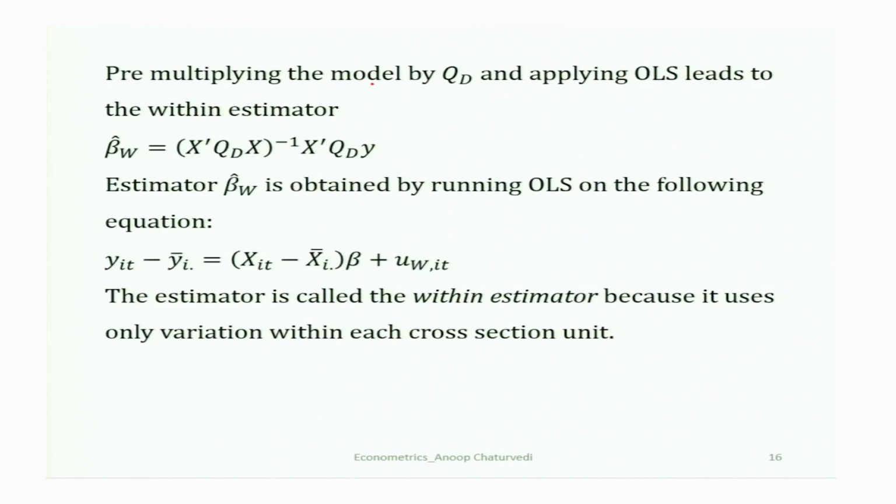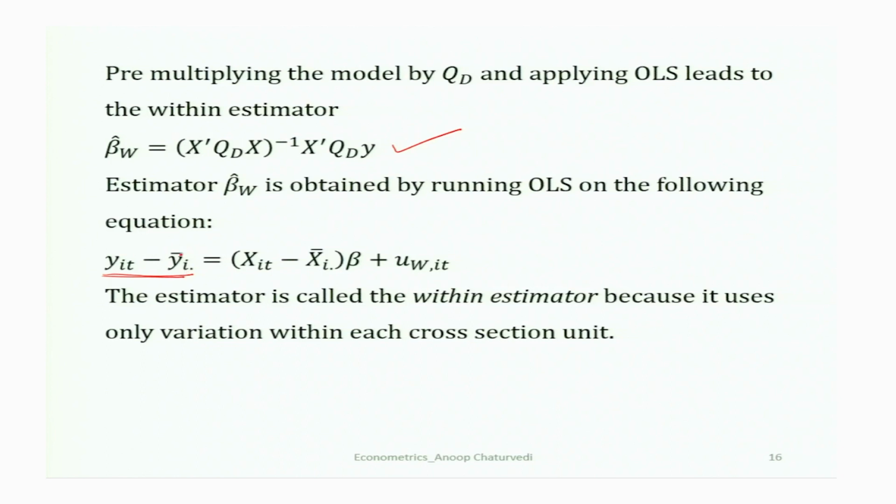Then pre-multiplying the model by Q d and applying OLS leads to the within estimator. Again, this is the same estimator which you get for the fixed effects model, beta hat w equal to x transpose Q d x inverse x transpose Q d y. Or you can say the estimator beta hat w is obtained by running OLS on the following equation. Say you take y i t minus y bar i dot, which means you are taking the deviation from the individual specific mean.